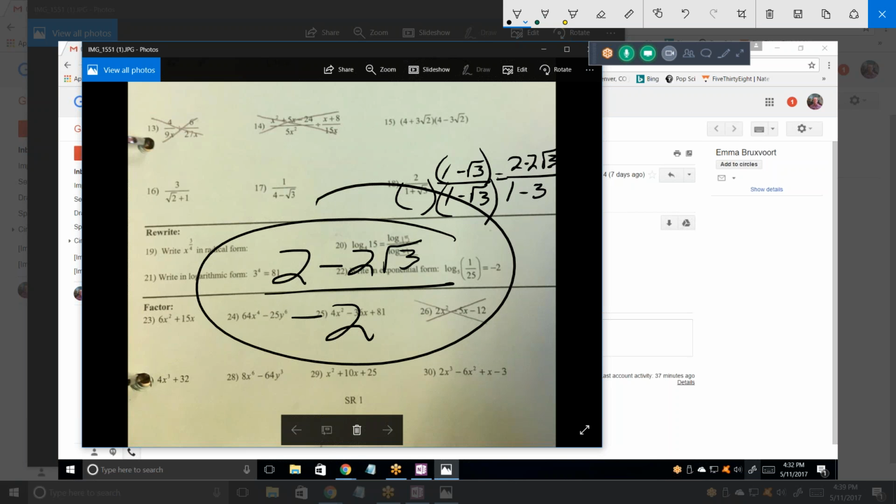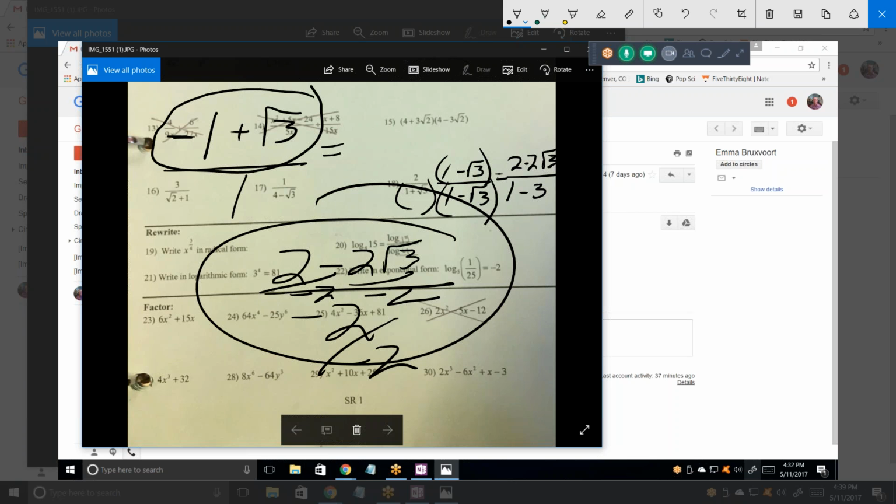So if I divide the top and bottom by negative 2, the top turns into a negative 1 plus root 3, and the bottom turns into just 1. So the answer they're probably going to give in the book is either negative 1 plus root 3 or root 3 minus 1. Same answer.